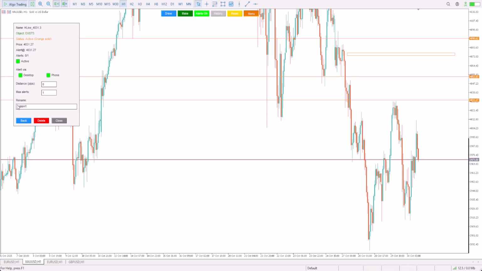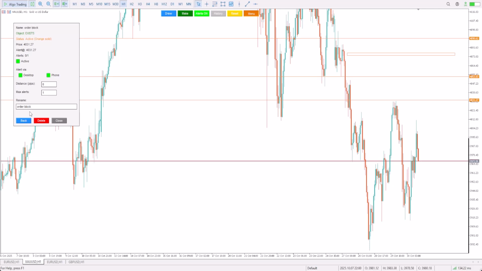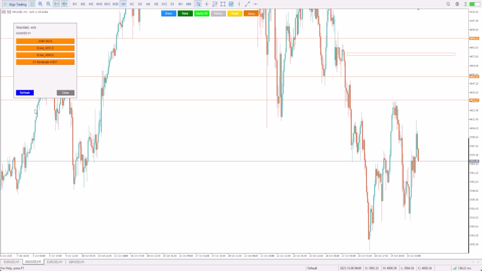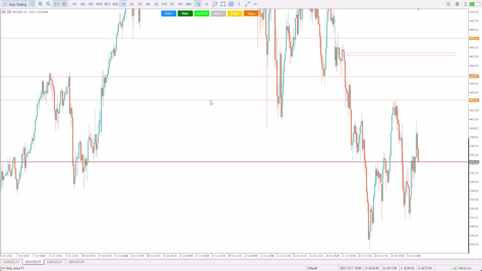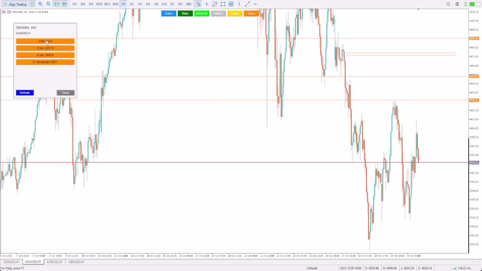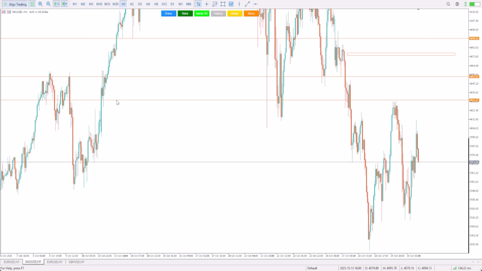Support, resistance, weak support, daily low, order block, whatever. Now if I click back and put it here, you see it renames the item. So it's easy for me when I do my analysis.